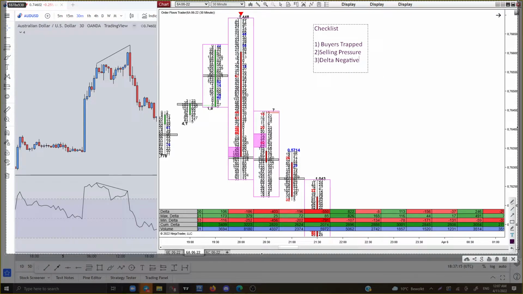These three things we need to see, and if I match those confluences, you'd see here we got our buyers are trapped.